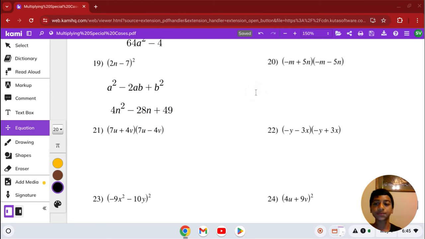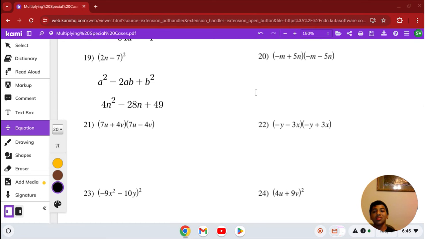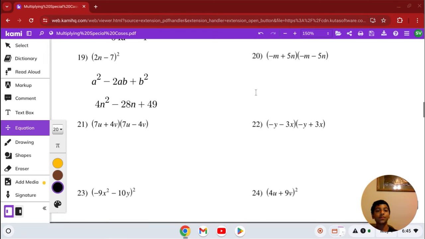That is our solution, number 19. And if you wanted to factor this, you can divide by 4 and simplify.